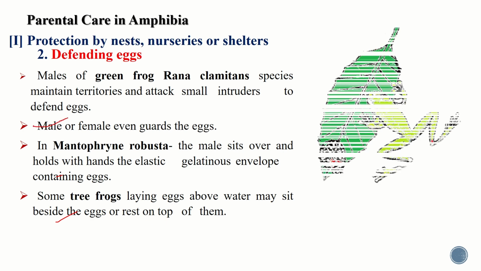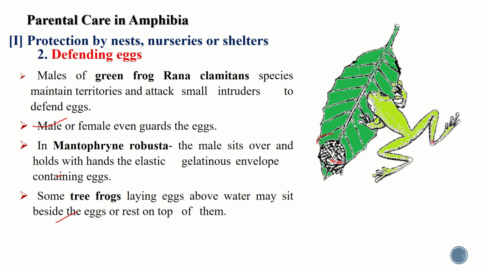In this diagram, we can see a bunch of eggs, and a particular animal, male or female, sitting over the eggs and caring for them. In Mantophryne robusta, the male sits over the eggs and holds them with the hands, and the eggs are protected in an elastic gelatinous envelope, and the male sits over the eggs until they hatch.